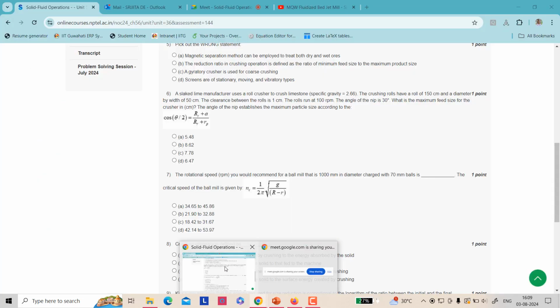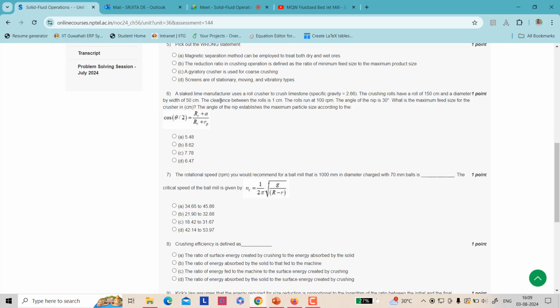And it is written that the clearance between the rolls is 1 centimeter. That means the product size is 1 centimeter diameter. Now it is said that the rolls run at 100 RPM. The angle of nip is 30 degrees. What is the maximum feed size for the crusher in centimeter?